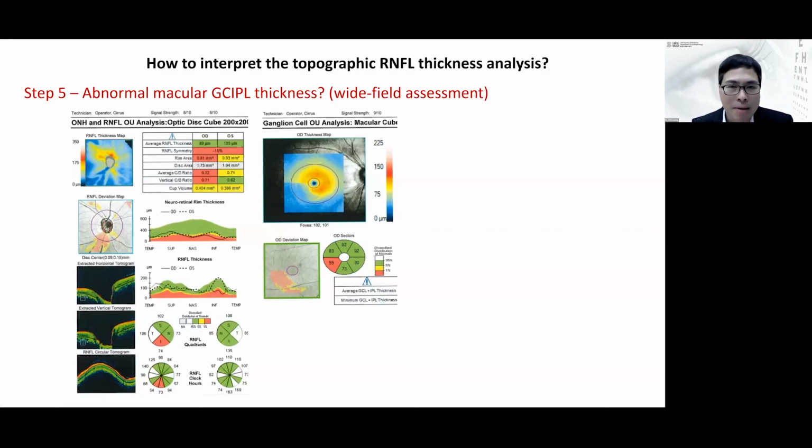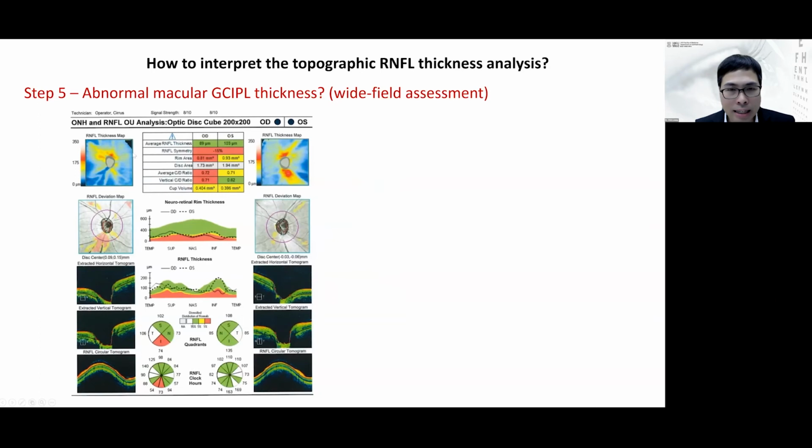So using a macula scan is helpful to confirm any suspicious defects in the optic disc region because we get a bigger representation. And in the left eye, you can see the deviation map doesn't have any pixels indicated in red. So when you look at the thickness map, it also looks quite okay, quite normal.